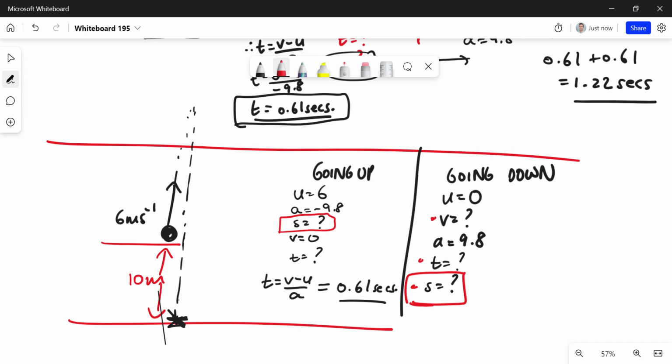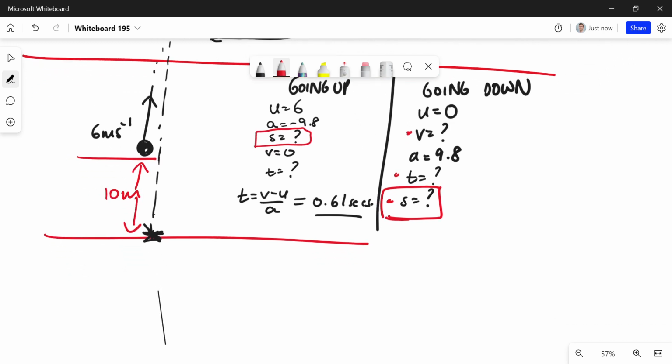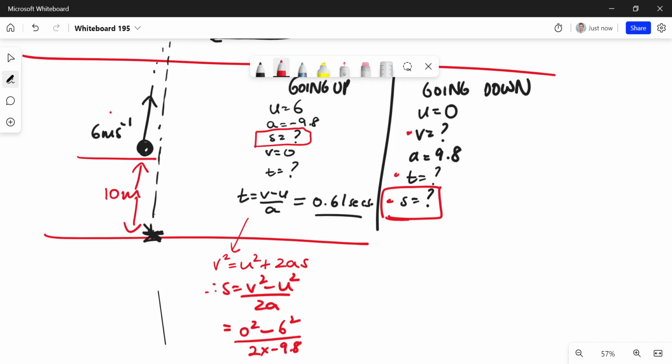So I'm actually going to bounce back over here to this going up phase and find the S value. So if I do that, I can sort of pick a whole range of equations. I'm going to choose V squared equals U squared plus 2AS, but I could have chosen the other S equation and I'd still get the same answer. When I rearrange for this, I get S equals V squared take U squared over 2A. And if I look at it, I get 0 squared take 6 squared over 2 times negative 9.8.